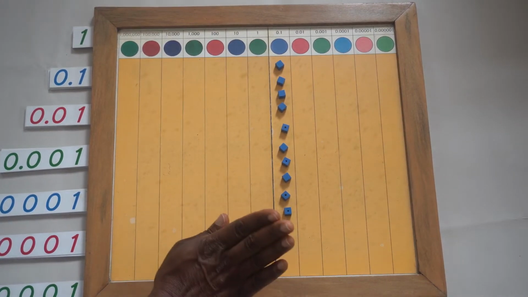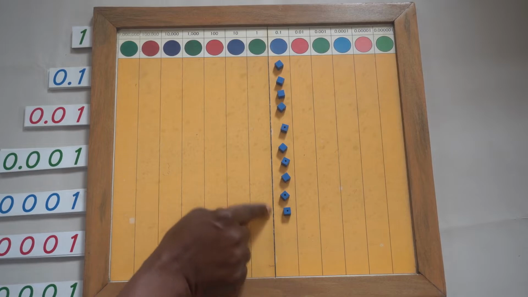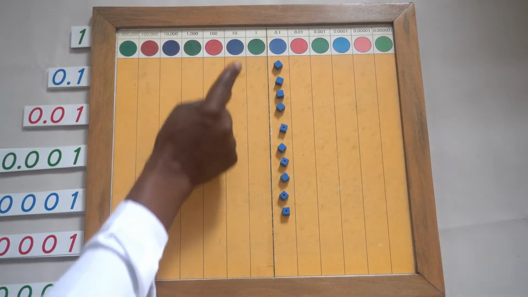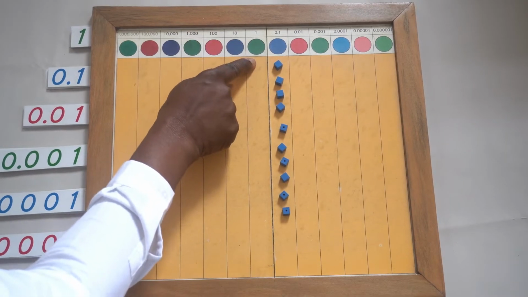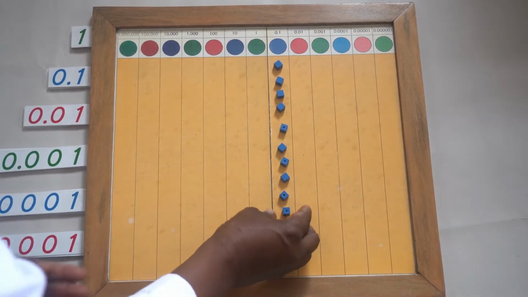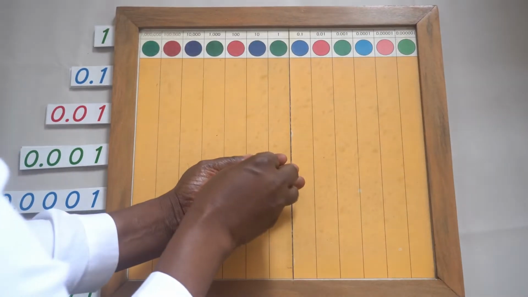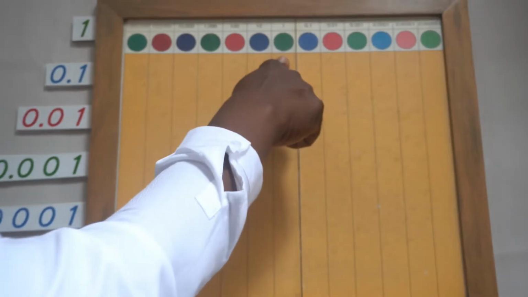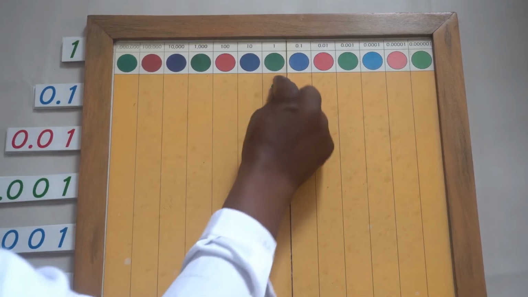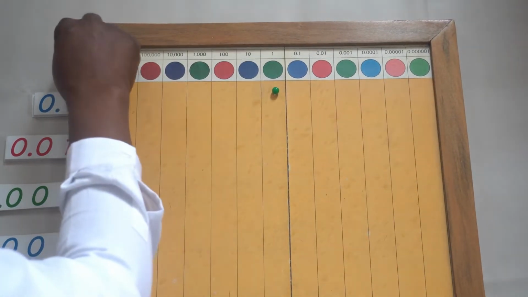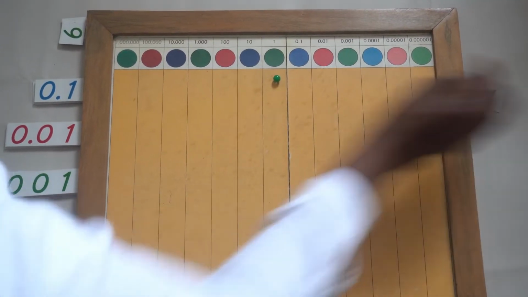Remember, we stop and exchange the 10 tenths for one of the next higher category, which is 1 unit. So I exchange the 10 tenths for 1 unit. So I have 1 unit.